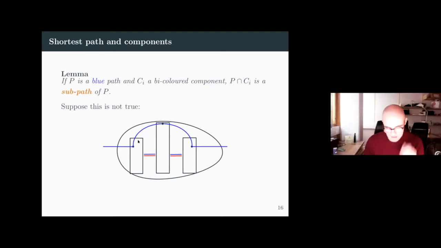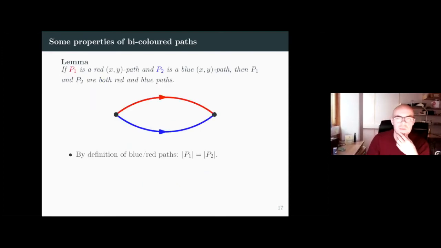Okay, so that's the first small technicality, and now let me give you a few other properties of these components, and then we'll be done. Again, it's the same type of argument. Suppose you have two vertices X and Y, and then you have two paths, P1 and P2, one a red path and one a blue path. Then what I claim is that they're both red and blue.